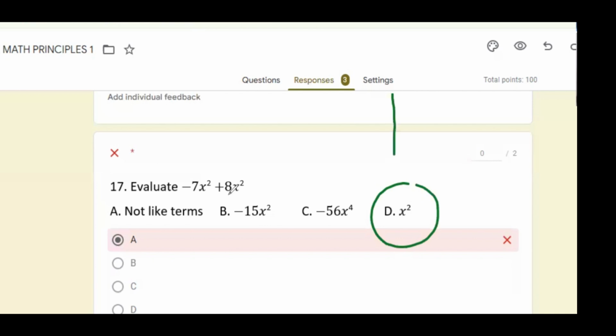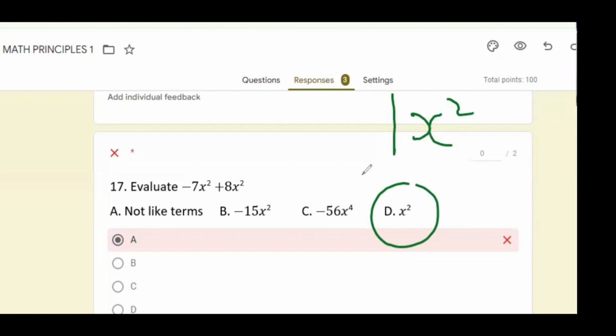Here you are owing x squared in 7 places, and here you have x squared in 8 places. So you have 8 of x squared and you are owing 7 of x squared. What you have is more than what you are owing. You use it to pay what you are owing and you still have something left. What you will have left is 1 of x squared.